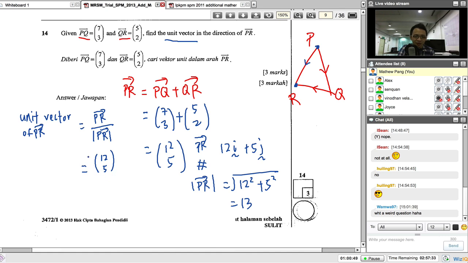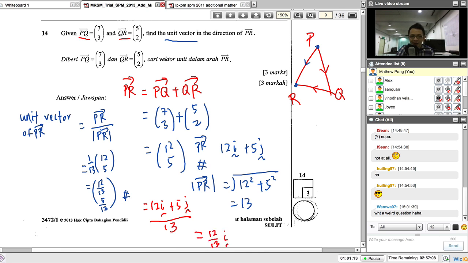So over 13, I'm going to write 1 over 13. So it's 12 over 13, 5 over 13. This will be the unit vector. However, if you want to write in the standard form, you can write 12i plus 5j over 13, and then you get 12 over 13 i plus 5 over 13 j.